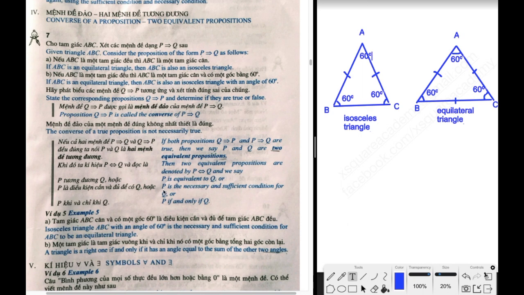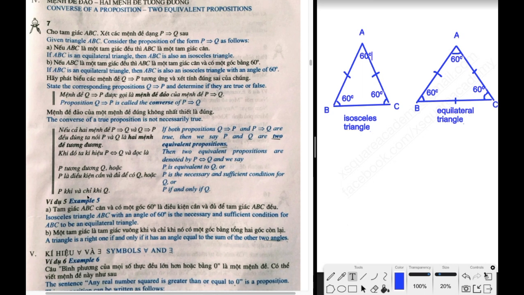And we say P is equivalent to Q, or P is the necessary and sufficient condition for Q, or P if and only if Q. The book gives some examples; consider them with me to increase your understanding of this section.